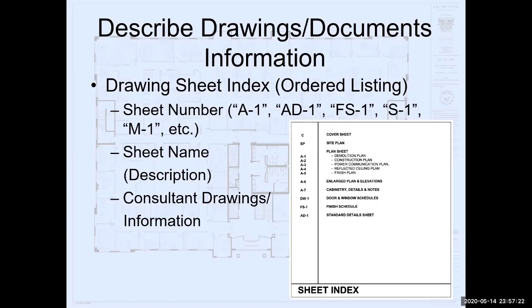So we're going to list a number and we're going to list a name, so that the construction folks know what sheet A1 or A6 is, by number and by description. And don't forget there will be consultant information that adds a fair number of sheets to this listing.